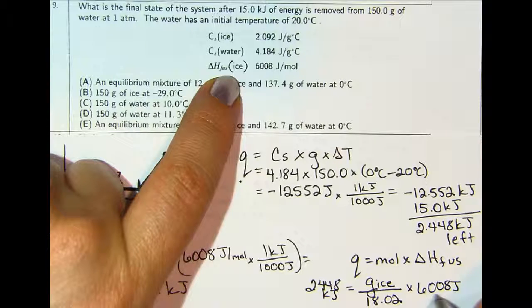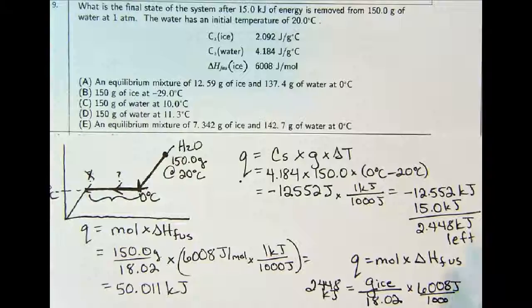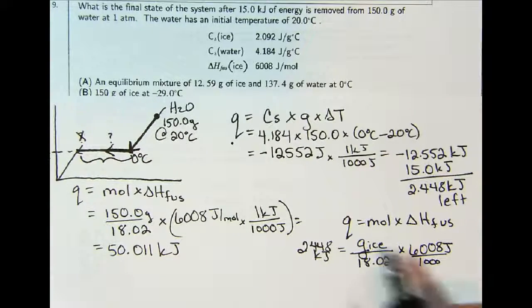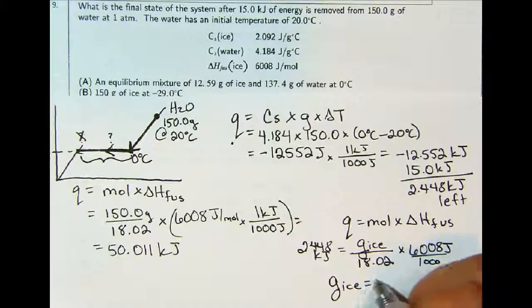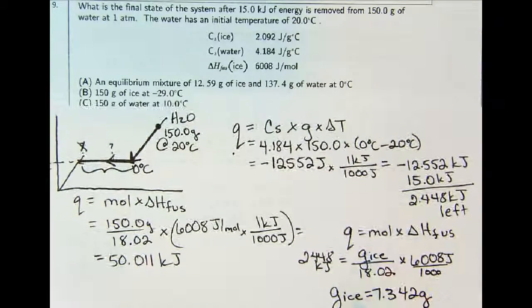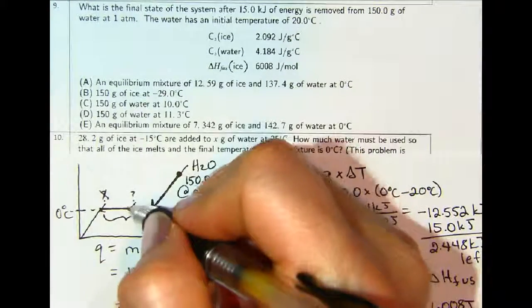Convert that by dividing by 1,000, and so now we'll have that as in kilojoules instead. And so when I do this math, I get a grams of ice equal to 7.342 grams.